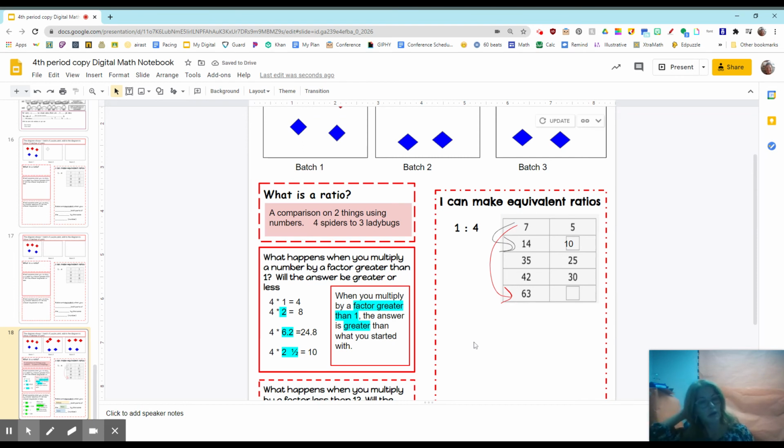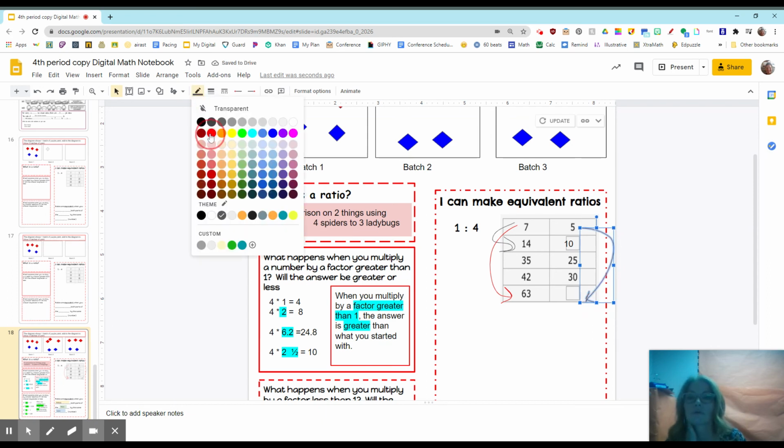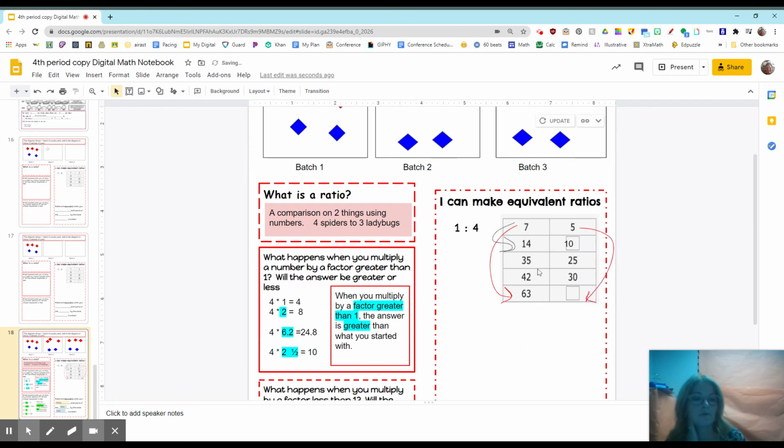Get your calculator out, pause the video, figure out that answer. I need to do the same thing. Whatever that factor is, I'm going to multiply it by 5. So 7 times 9 is 63.